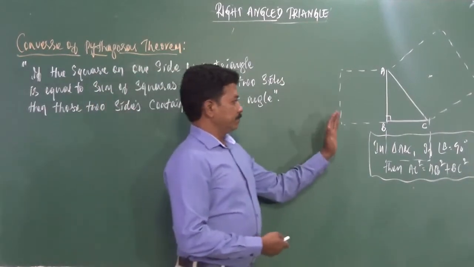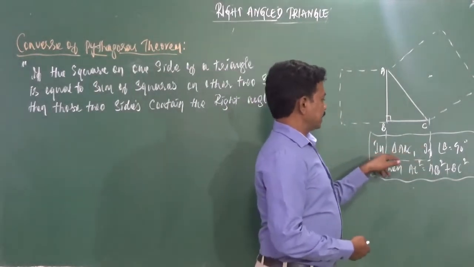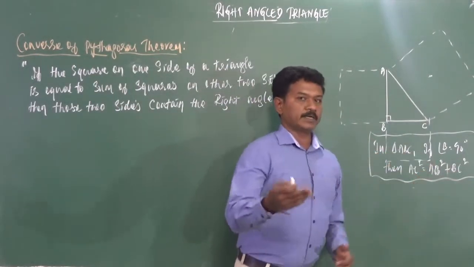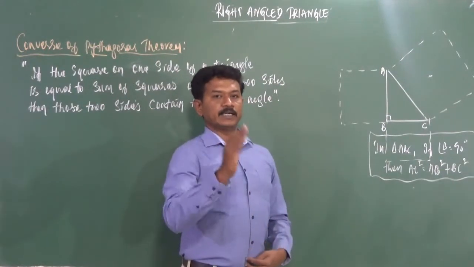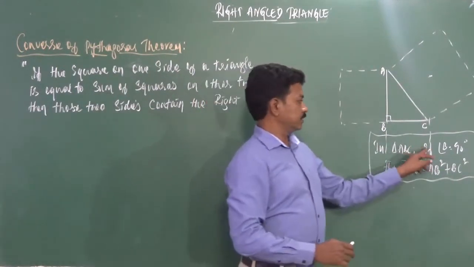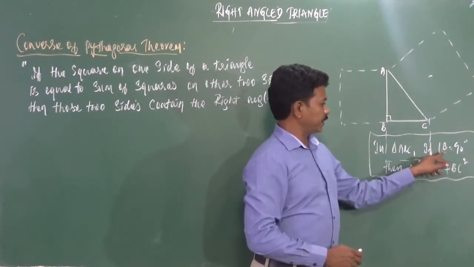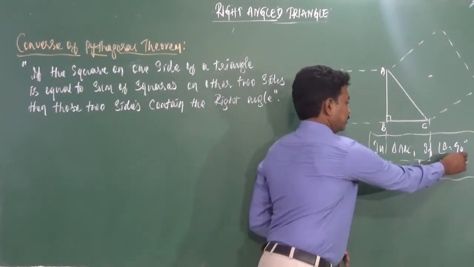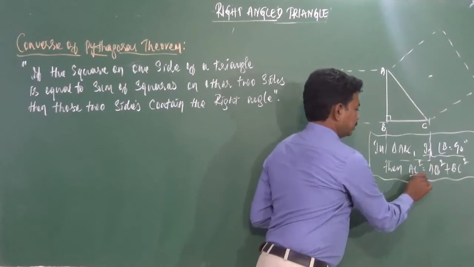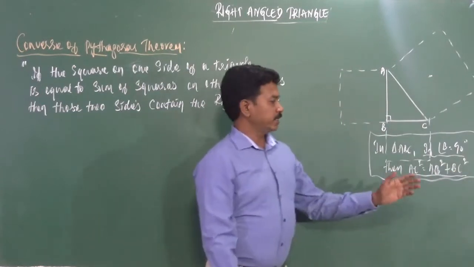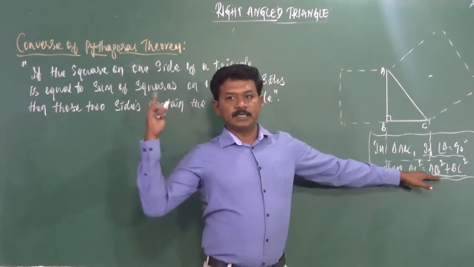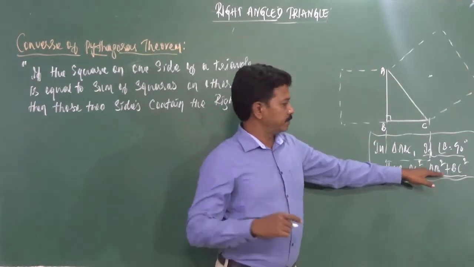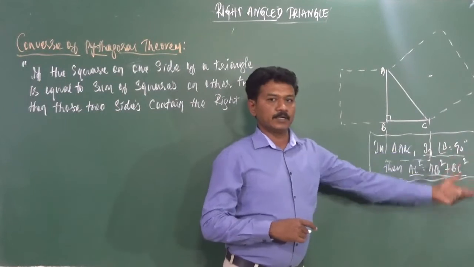Here in Pythagoras theorem, in right angled triangle ABC, one of the angles is equal to 90 degrees. So if angle B is equal to 90 degrees, this becomes the hypothesis and AC square equals AB square plus BC square becomes the conclusion. In the converse, we make this conclusion part the hypothesis, and we make the other the conclusion, right?